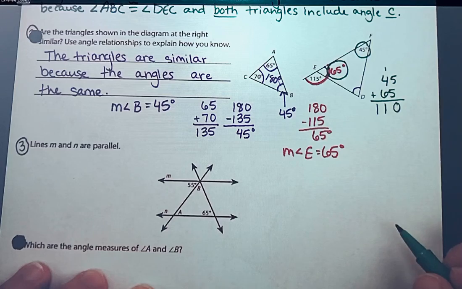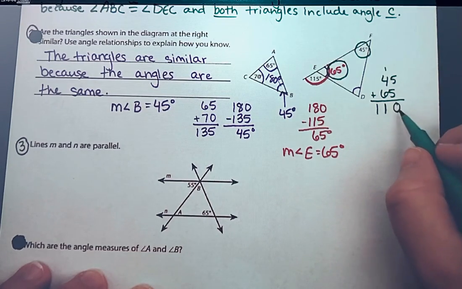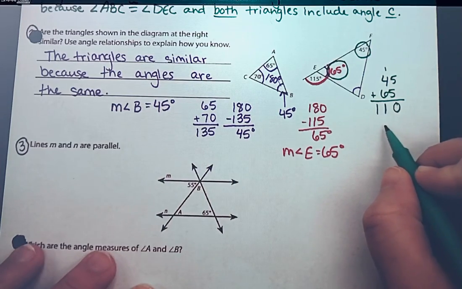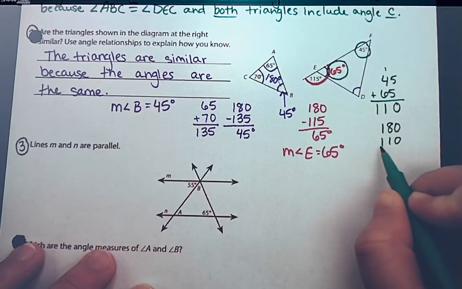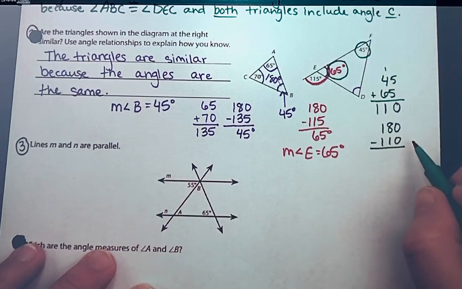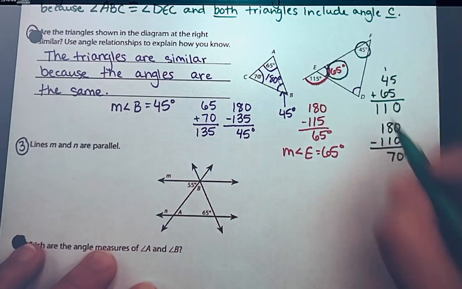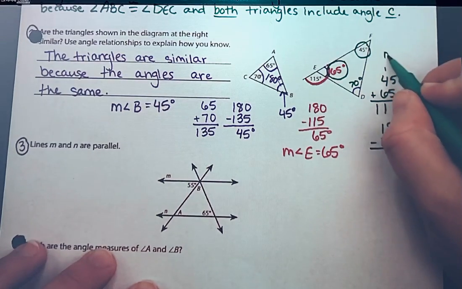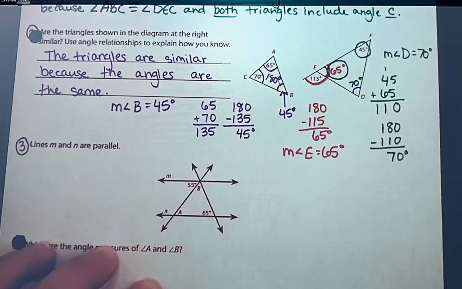So I need to take 180 and subtract 110 from it. And when I subtract, I get 70 degrees. So the measure of angle D is 70 degrees.